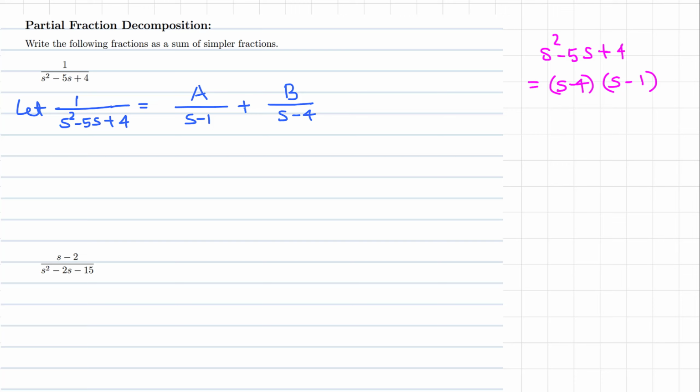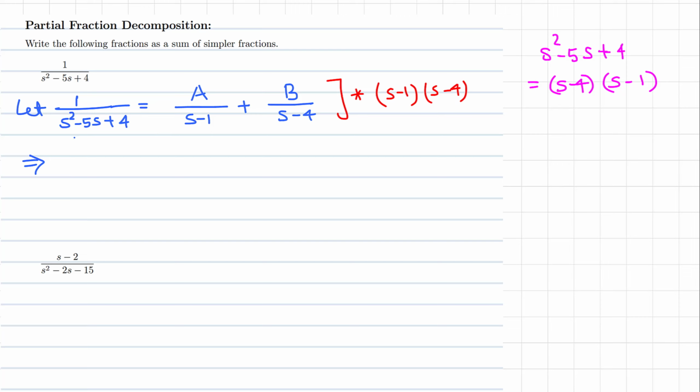When we say this equals, that means if I multiply through by this product, s minus 1, s minus 4, you don't have to show it, but I'm showing it for the first time.